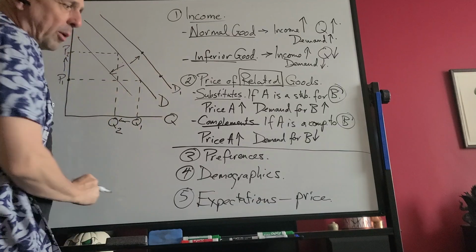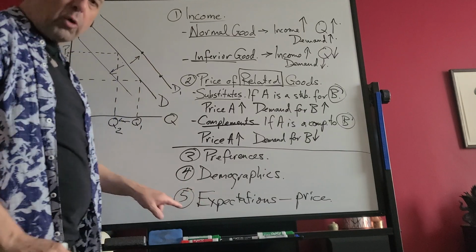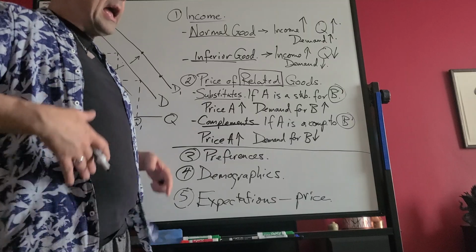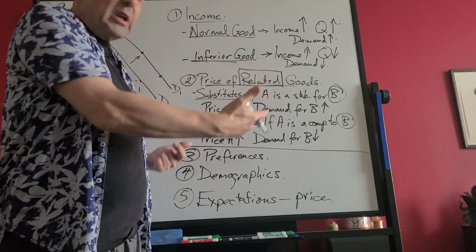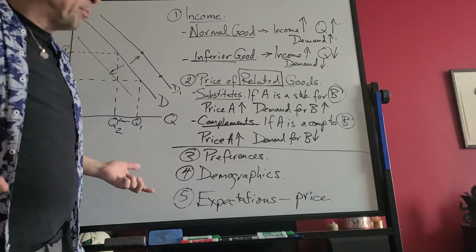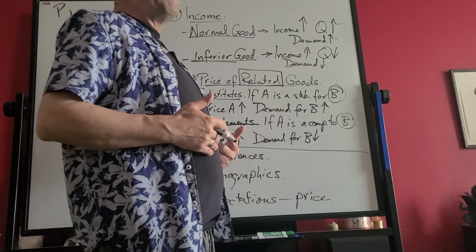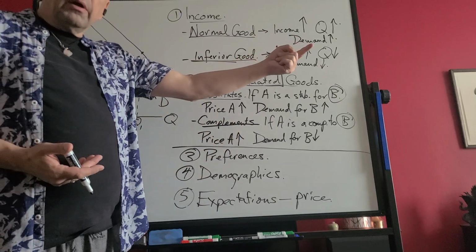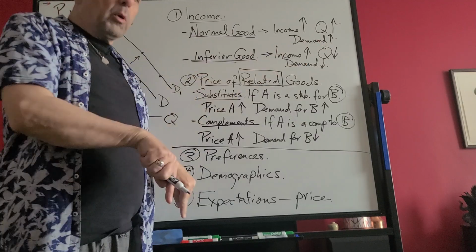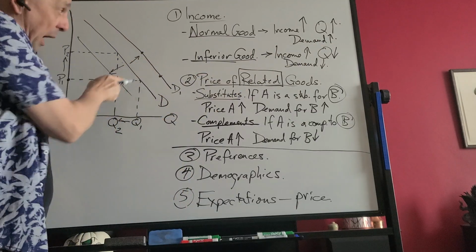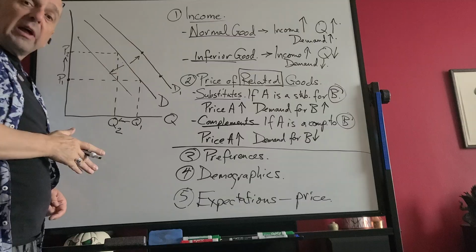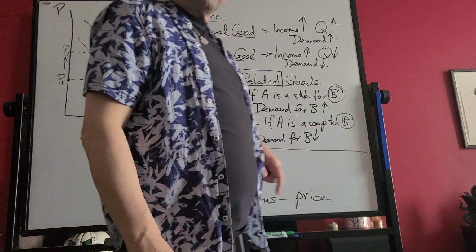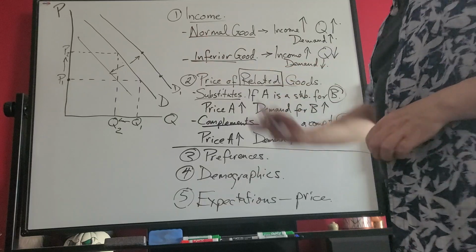This is where we're talking about the short term versus the long term, but in the short term, I might run out and buy a bunch of it, whatever your brand of toilet paper. If my expectation is that the price is going to double in a week, then I will go out today and buy more at whatever price it's offered at today. So that, again, is going to shift the demand curve to the right.